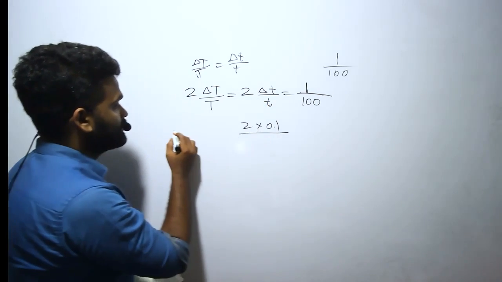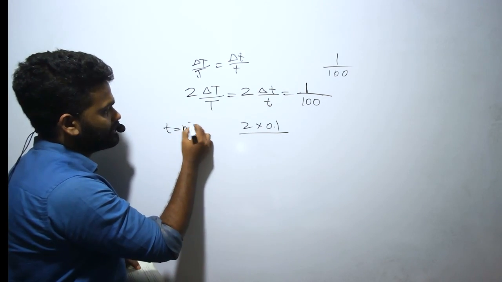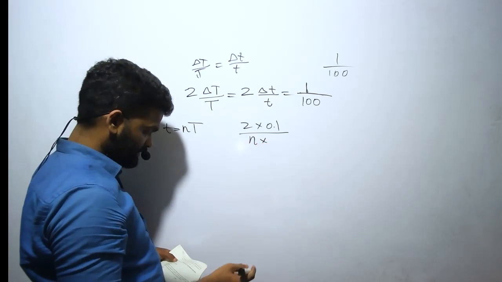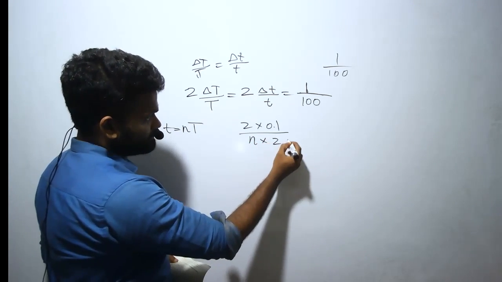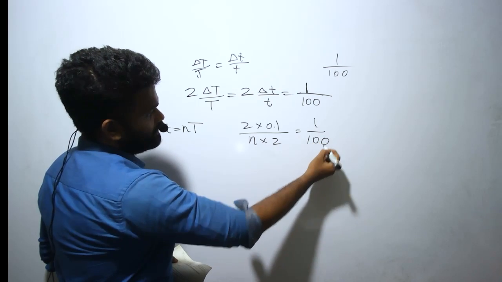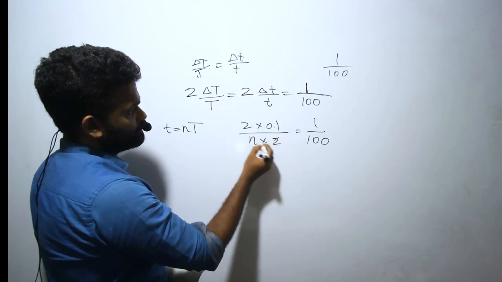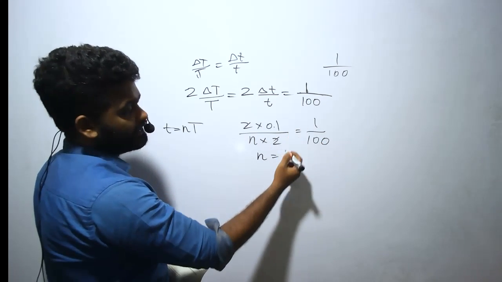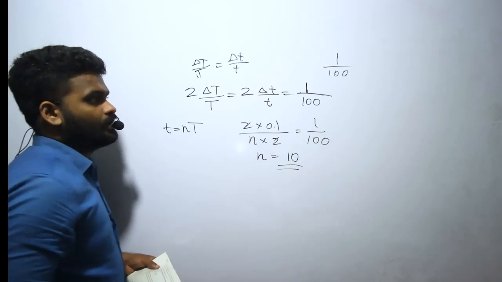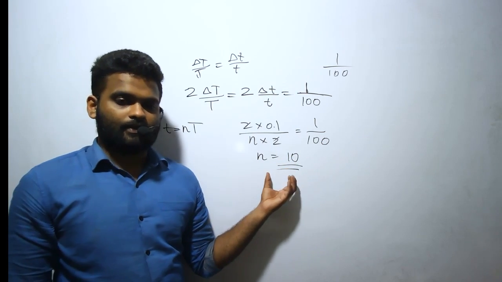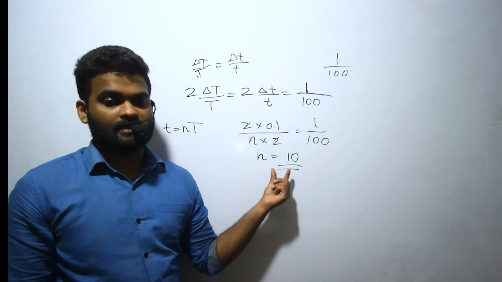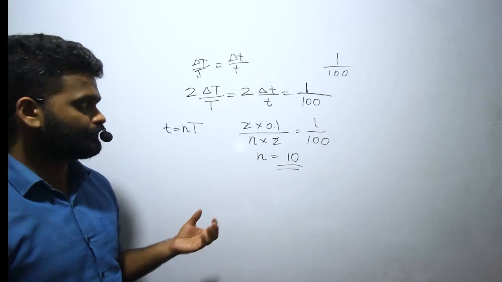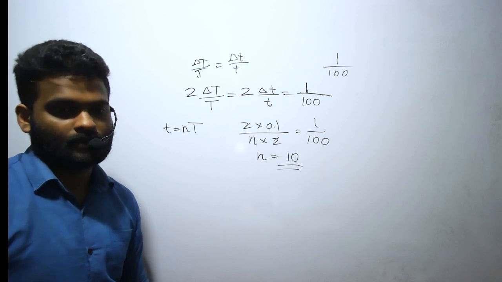What is small t? Small t is equal to n times the oscillation period. One oscillation takes 2 seconds. So this is 1 over 100. Then 2 cancels off. If you cross multiply this, n is equal to 10. So in order to make the error of the time period 1%, you have to take at least 10 oscillations. Okay, take it down. Once you are done, thumbs up.